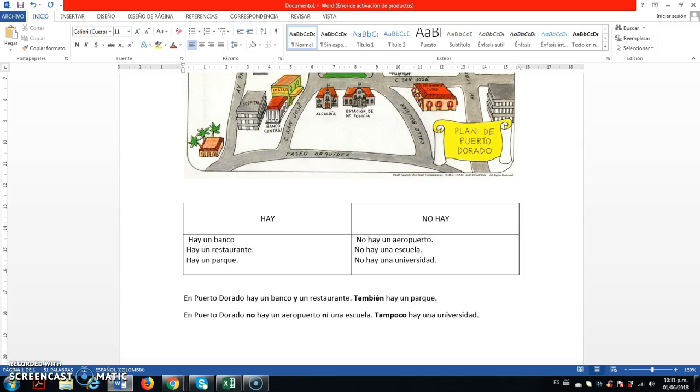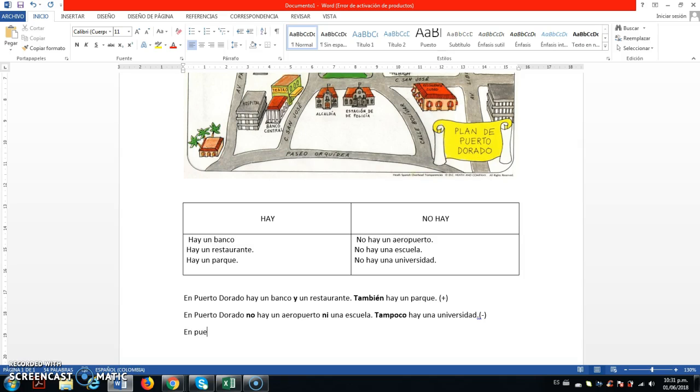Ahora contraste. Contraste. Entonces esto es cuando todo es afirmativo. Esto es cuando es negativo. Y en la próxima es un contraste. ¿Ok? Entonces, ¿qué hay y qué no hay?